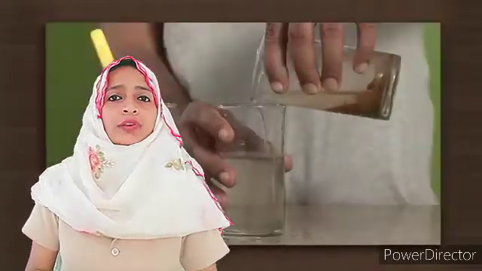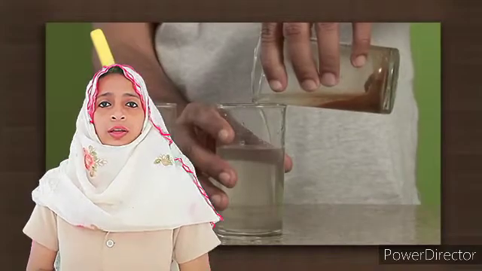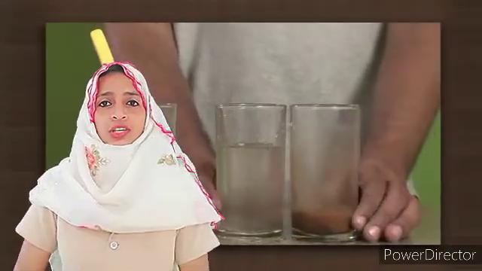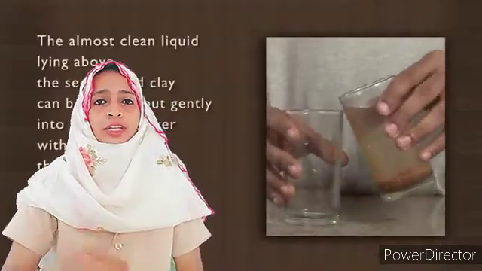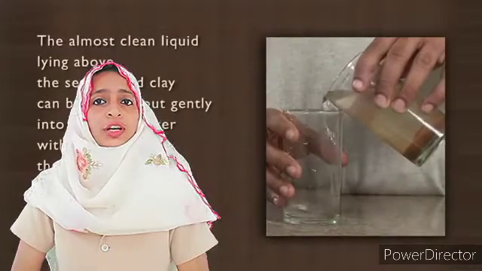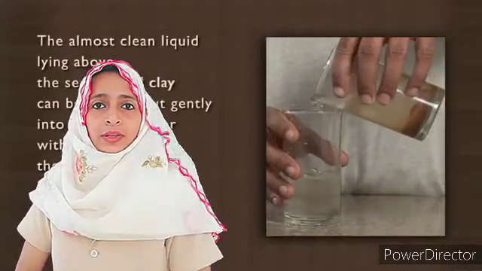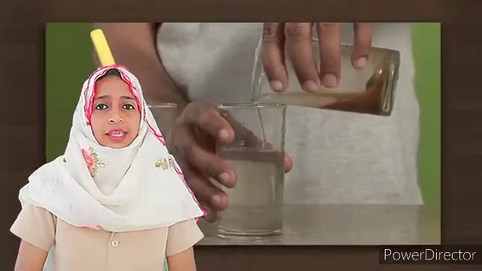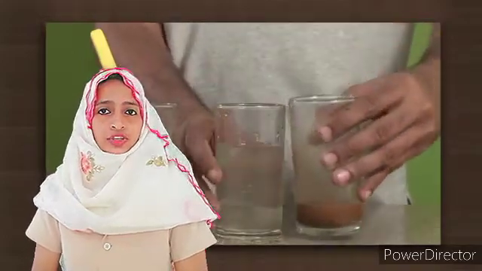We remove the supernatant liquid from the solid by tilting the vessel, and that process is known as decantation, or discarding the supernatant liquid from the mixture is known as decantation.